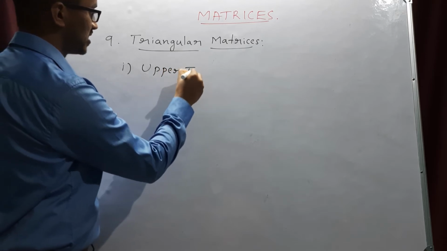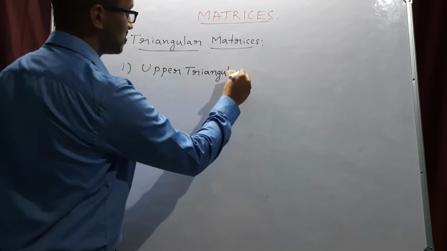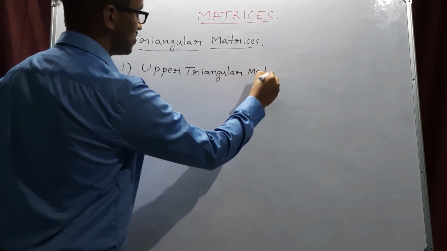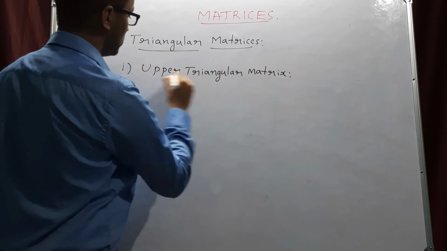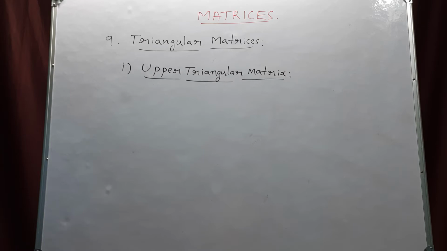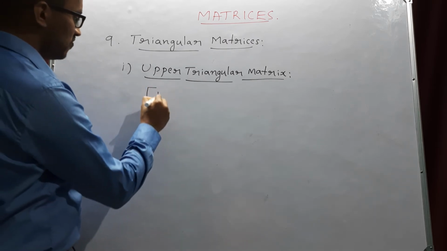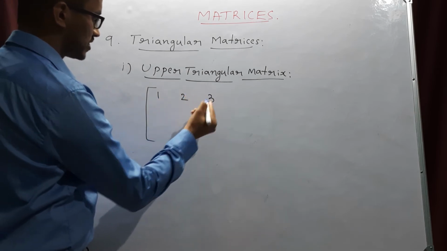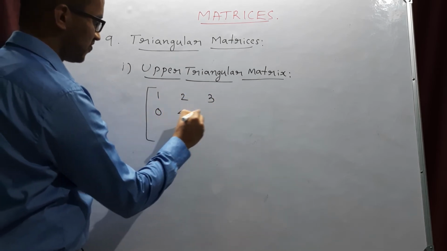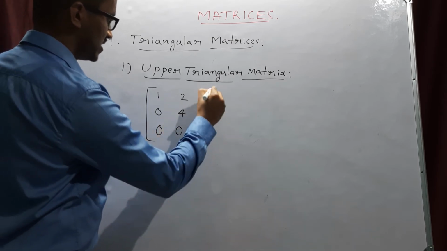Upper triangular matrix. A matrix is said to be upper triangular if all the elements below the principal diagonal are 0. Suppose we consider one example: 1, 2, 3, 0, 4, 5, 0, 0, minus 8.